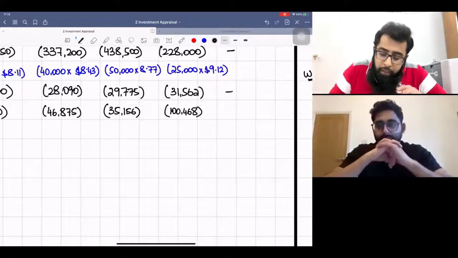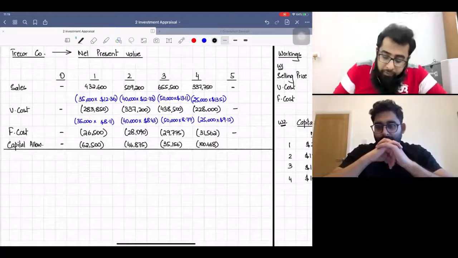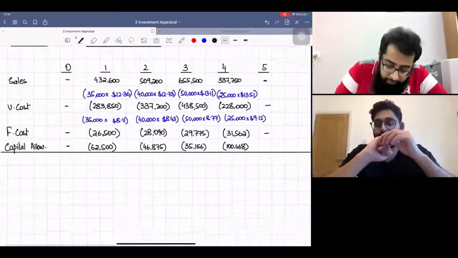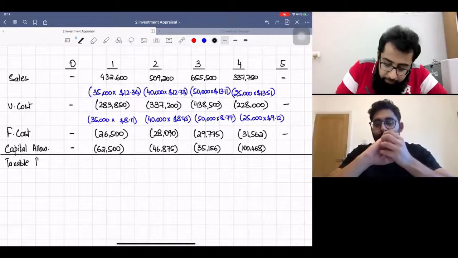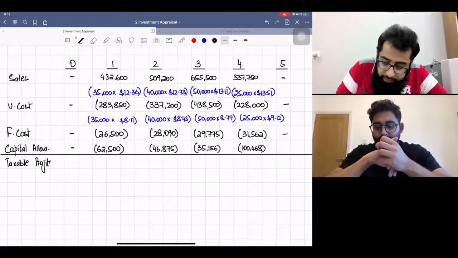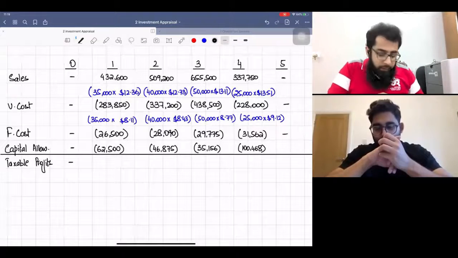Now what I will get is called taxable profits. Since I have deducted the capital allowances, I will call it taxable profits, on which I will charge the tax. So please help me out in calculating it.